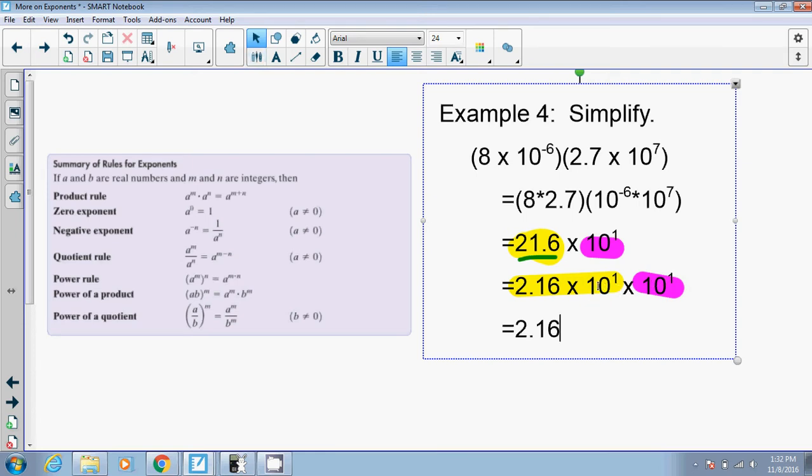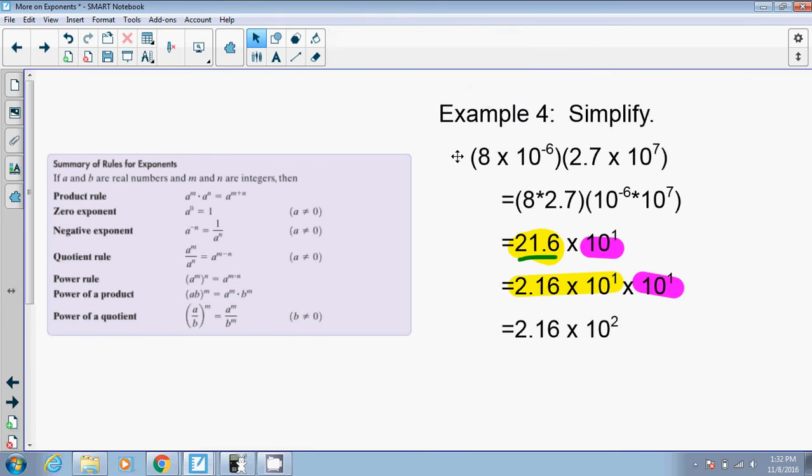Notice the bases are the same, so we're using the product rule. The product rule says add the exponents. So 1 plus 1 gives us 2. So if I simplify these two scientific notations being multiplied, I get 2.16 times 10 to the second.